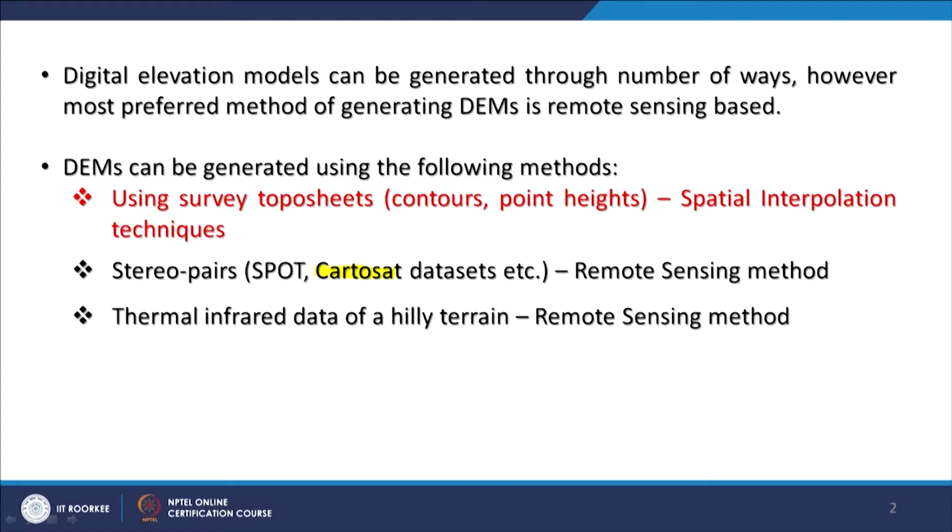And then a few years back, when we started getting thermal infrared data, especially from NOAA AVHRR, though the AVHRR sensor provides thermal data at 1 kilometer resolution, the technique provided the insight that a digital elevation model can also be generated using thermal infrared data, especially for hilly terrain, which is most difficult for other techniques.